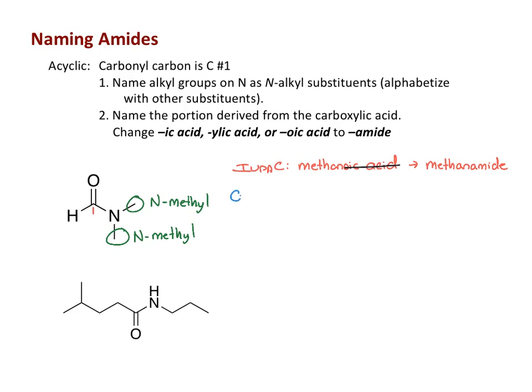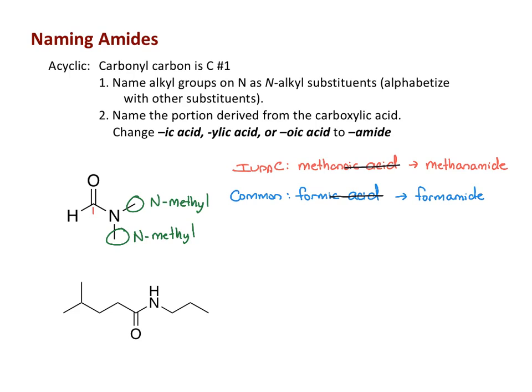For the common name, this comes from formic acid, and we would just drop the ic acid and the parent is formamide. So for this, we can generate either name by just writing the substituents followed by the parent.